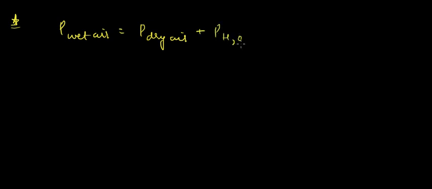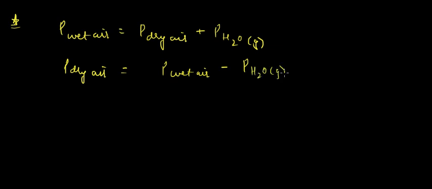So in the previous lecture, we saw that P of wet air is equal to pressure of dry air plus pressure of H2O(g). And pressure of dry air can then be written as pressure of wet air minus pressure of H2O(g).